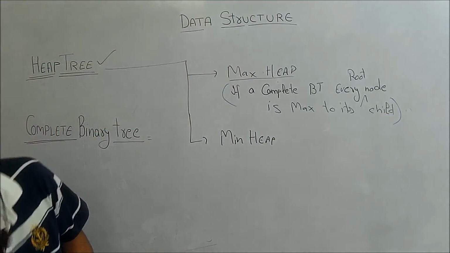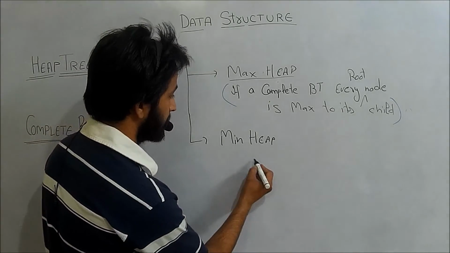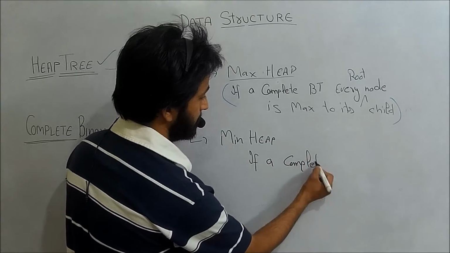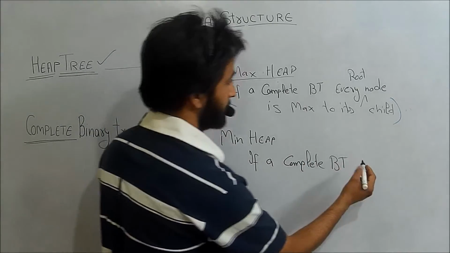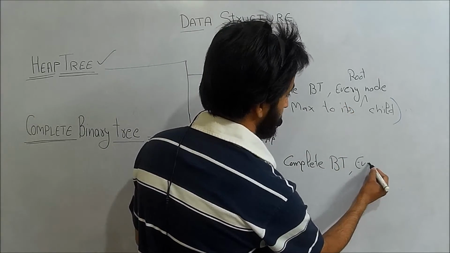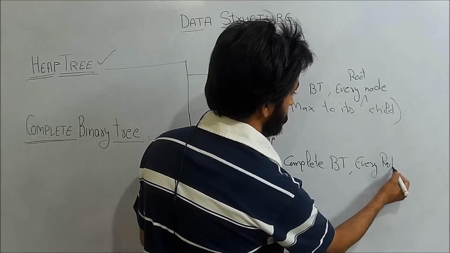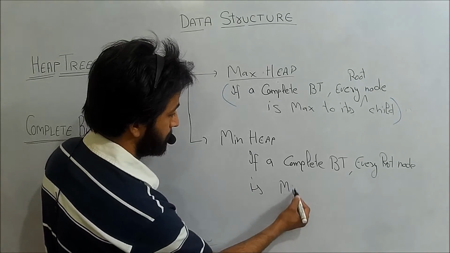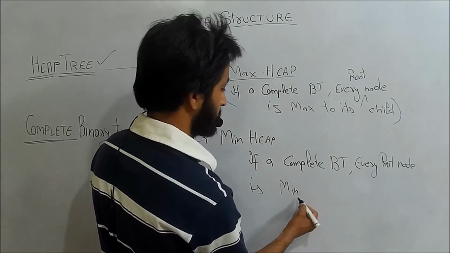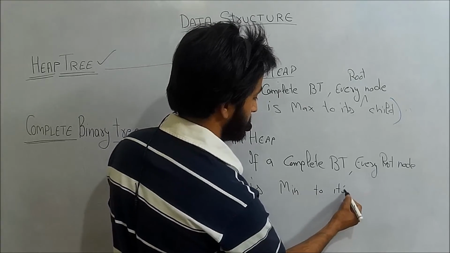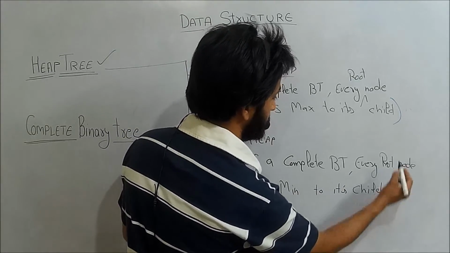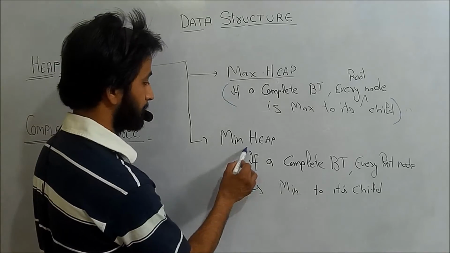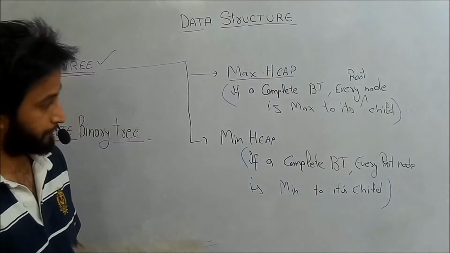And if the case is opposite, that is, if a complete binary tree in which every root node is minimum to its child, okay, this one is the case of min heap or minimum heap.